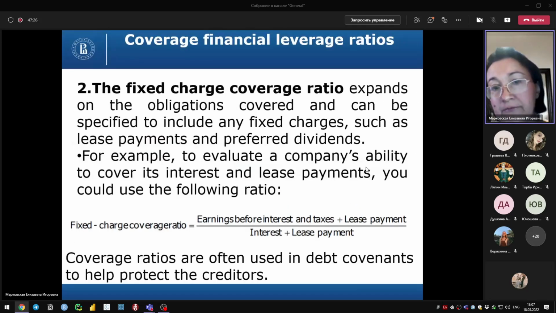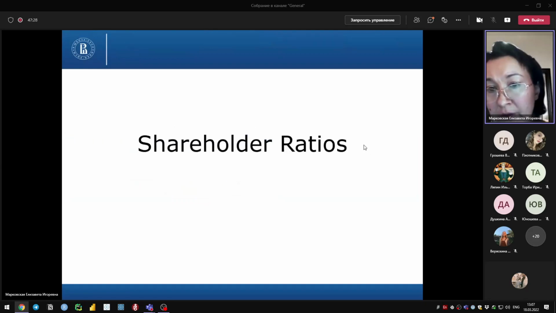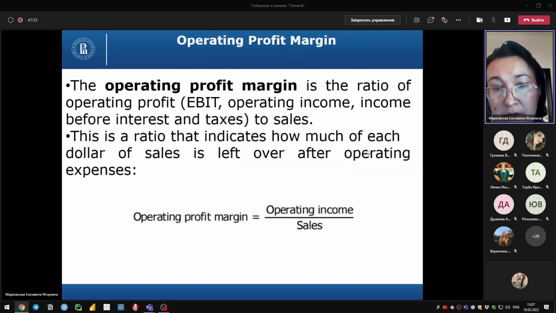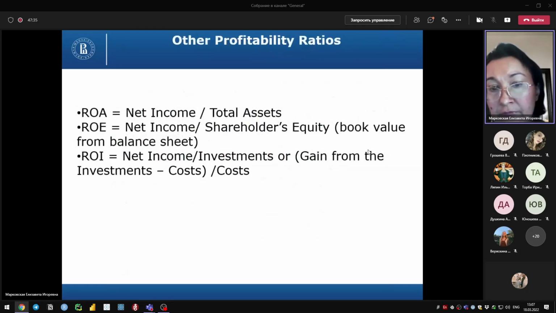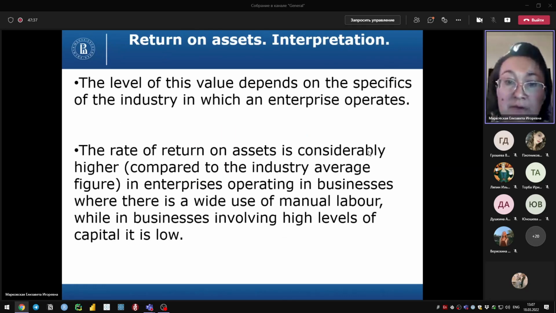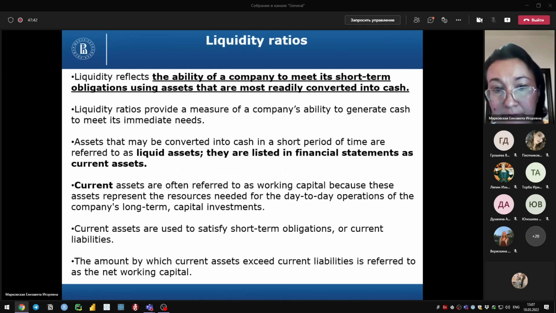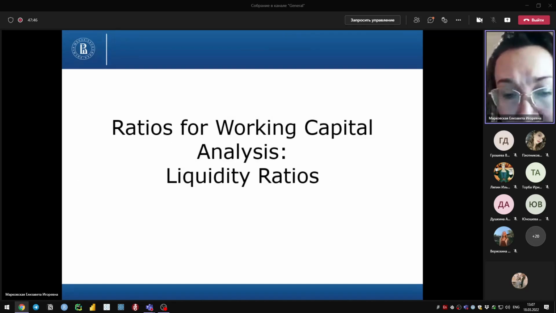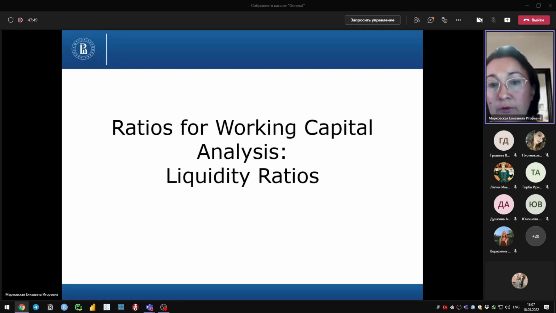What do you remember from the previous course, or maybe you have practice in financial analysis, maybe during your internship or something like that. So the group of these ratios is called liquidity and working capital ratios, for working capital analysis.